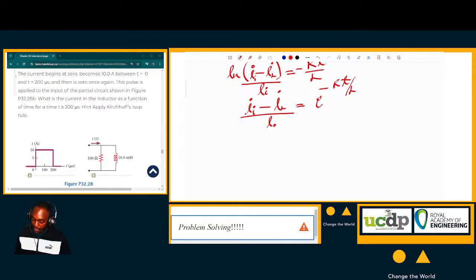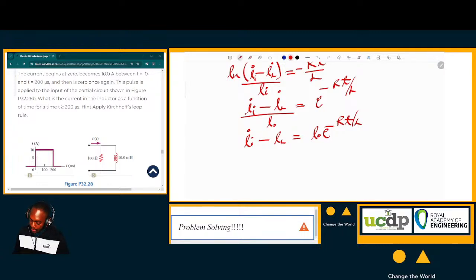So it's almost like a derivation of the equation that we used earlier on for the exponential increase. So this is where it's coming from, okay? So this becomes I minus IL, which is equals to I naught exponential negative Rt over L, okay?